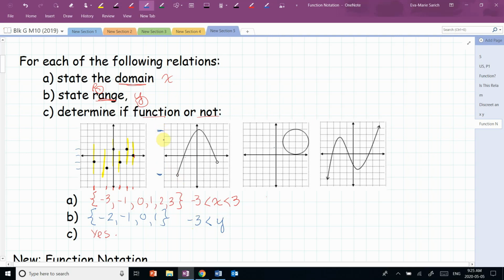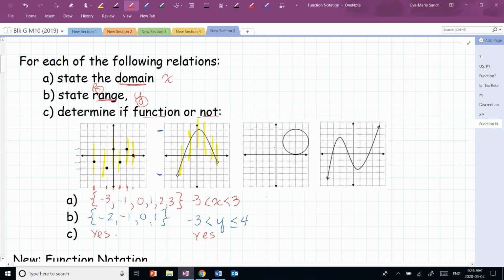And then our highest value goes up to 4. And it is including that line, so y is going to be less than or equal to 4. That's the highest value. Now, using that vertical line test again, there's no point on there that would get two points crossing on that line. So this is yes, a function.